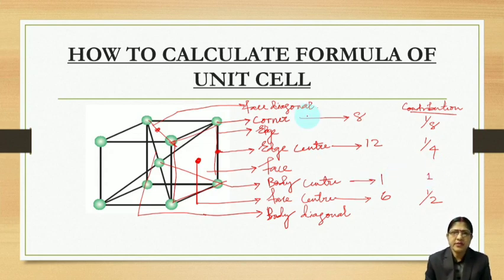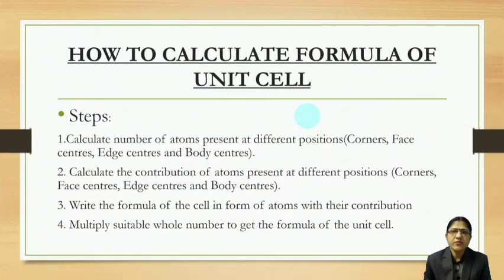Now let us discuss how to calculate formula of unit cell. There are certain steps to be followed. Step 1, calculate number of atoms present at different positions. Positions means corners, face centers, edge centers and body centers, right? Then step 2, calculate their contribution.